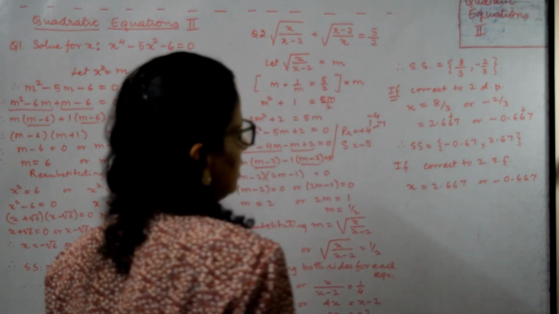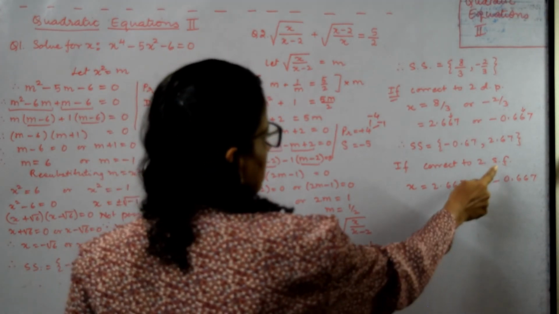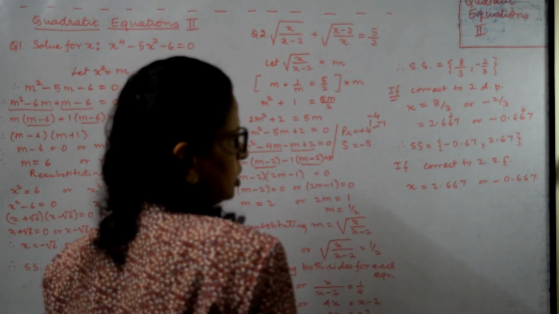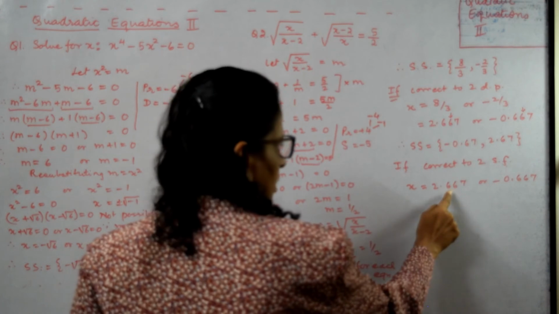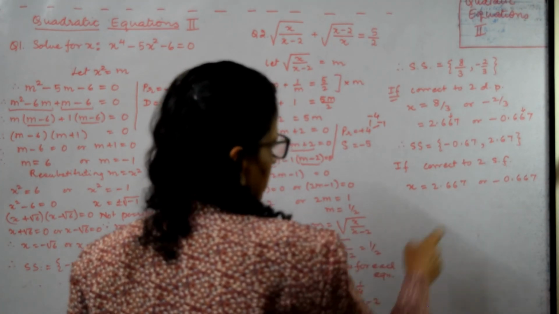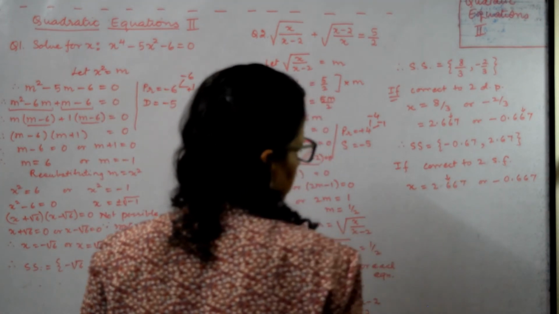Now in case of significant figures, it is different from decimal places. In case of significant figures, remember all non-zero digits are significant. So this will be significant, this will be significant, this will be significant, as well as this will be significant. So 2 SFs means you will round off here.